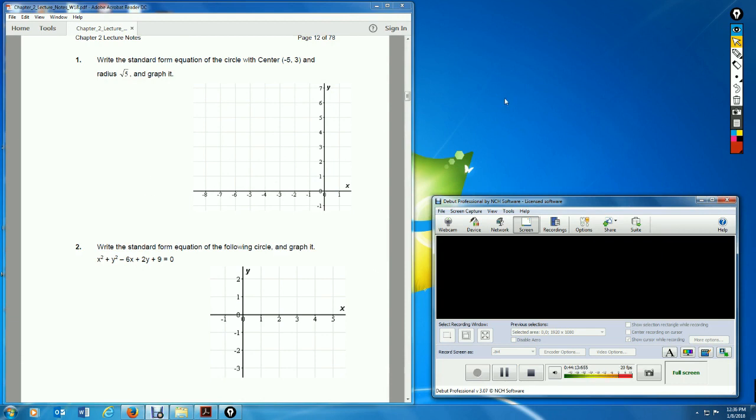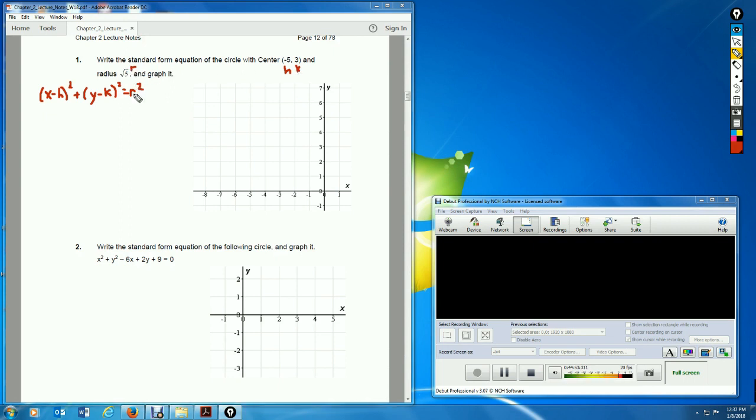All right, so number 1, write the standard form of the equation with the center and this radius and graph it. All right, so again, standard form means we want to do x minus h quantity squared plus y minus k quantity squared equals r squared. All right, so this is h, this is k, and this is r, square root of 5.